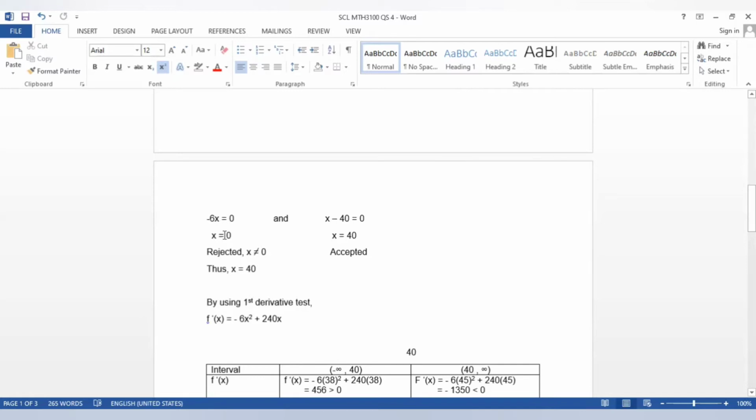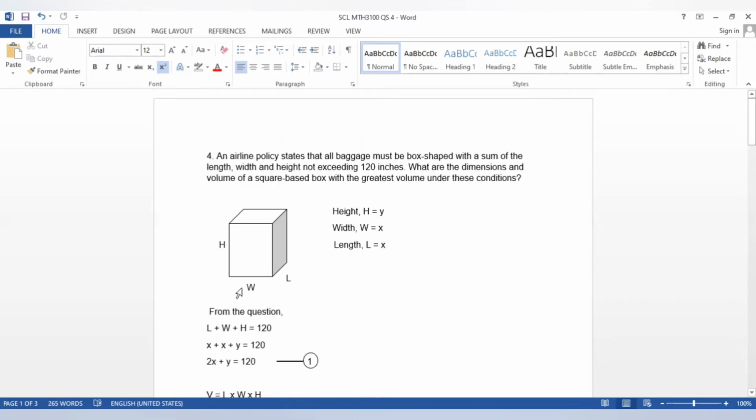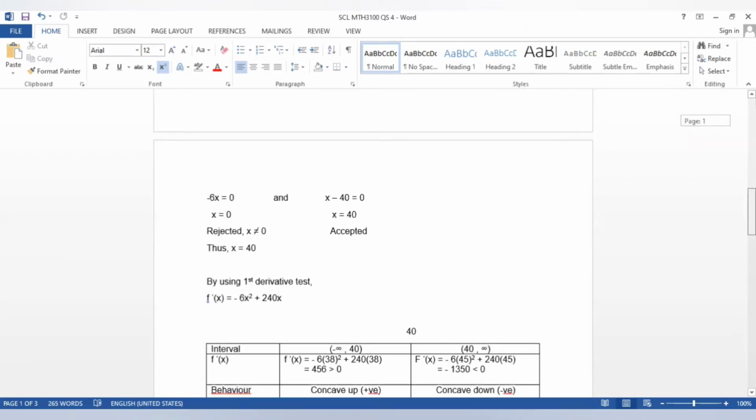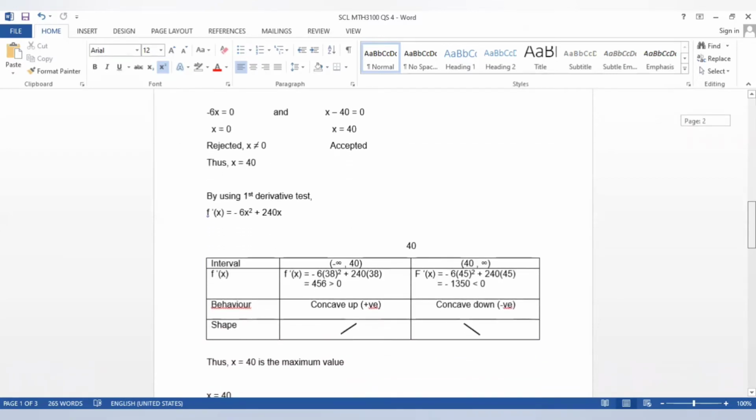We only choose x equal to 40 because x equal to 0 is rejected. As you can see here, x is the width and length, so it is impossible for those to be 0. So the accepted value is x equal to 40.